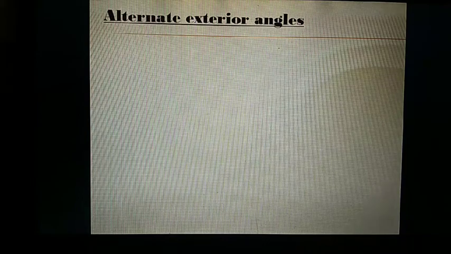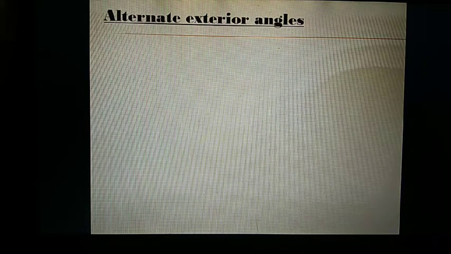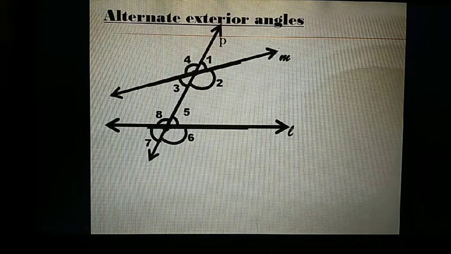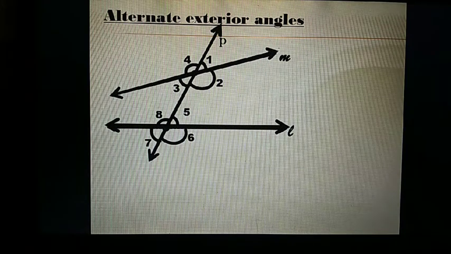Next is alternate exterior angle. We will go similarly for this also. First you will check out all the exterior angles. Then alternate means on the opposite sides having different vertex.